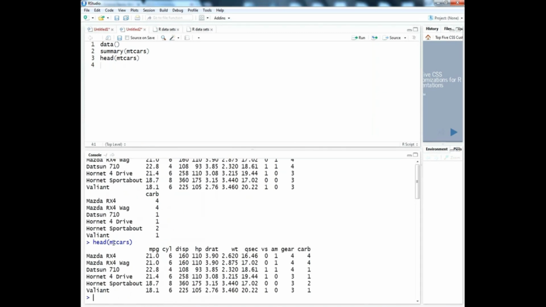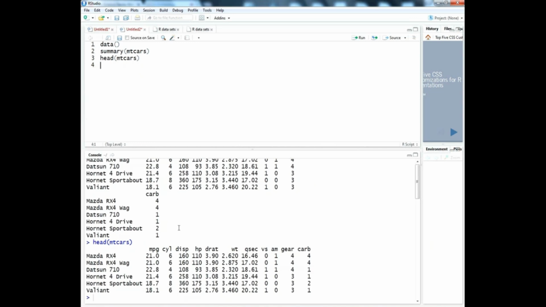So mtcars is a data set which contains mpg as a column, cylinders, displacement and horsepower. So this is typically different car models, 1970s car models information. From here you can visualize the data, or you can get the statistical information, table summaries.